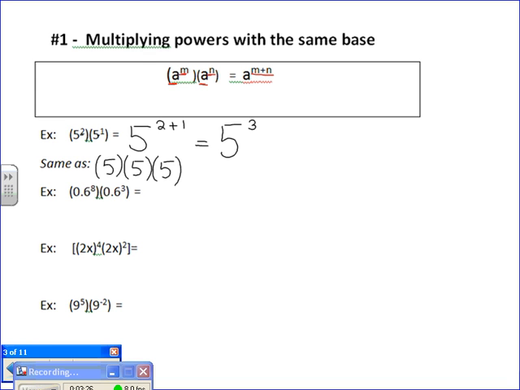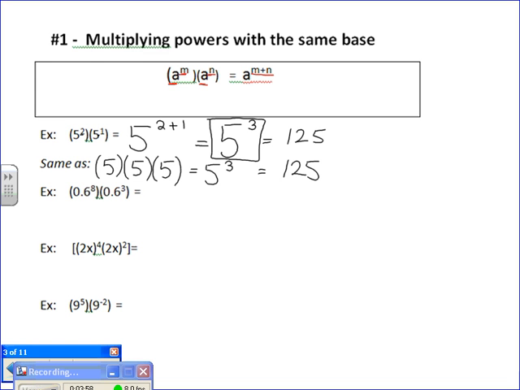So 5 times 5, times 5, is 5 cubed, or 5 multiplied by itself 3 times, which we show with exponent 3. Both of these values come out to be 125 in my calculator. For today, we can leave it as a power. We're just looking at how to figure out the new exponent in our answer. So that's where this is coming from.